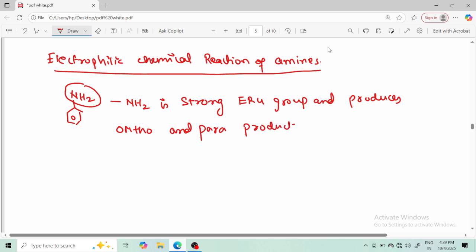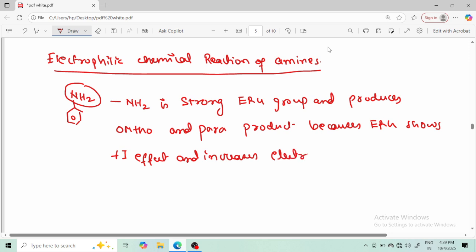They will ask the reason for that. You will say that because ERG shows plus I effect and increases electron density at ortho and para position.